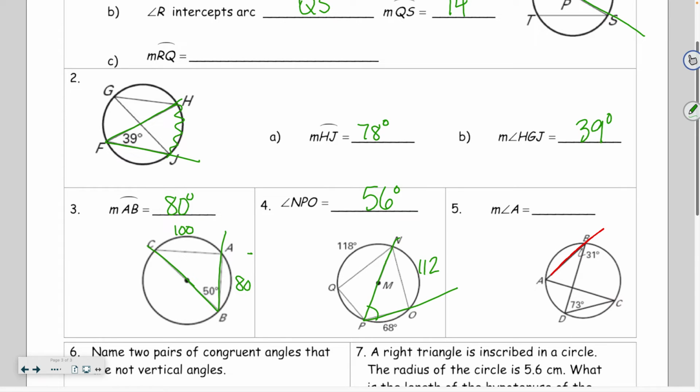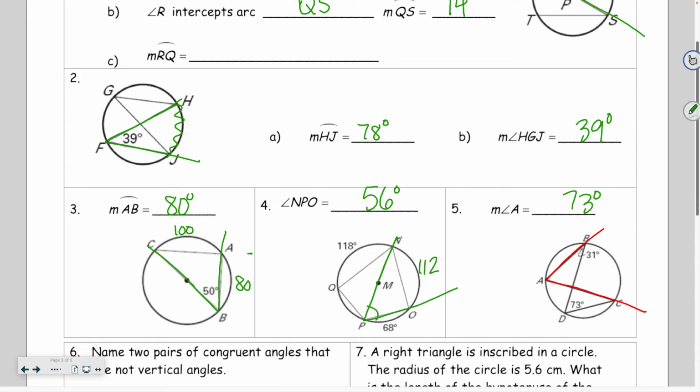All right, angle A. Angle A. Nobody? Oh, it's supposed to say... 73. I was getting kind of worried.